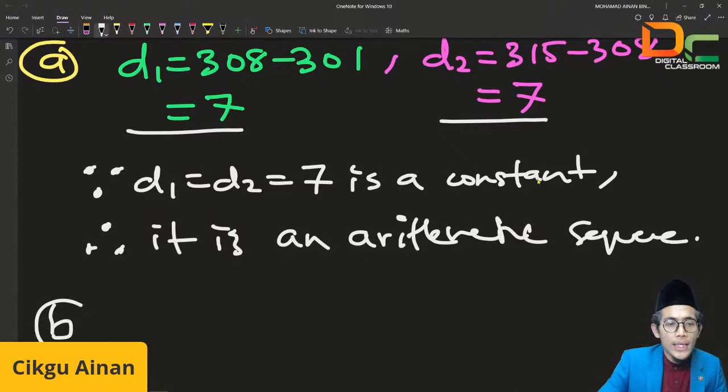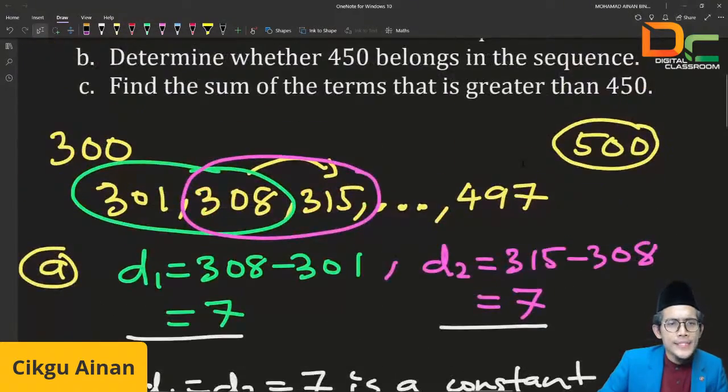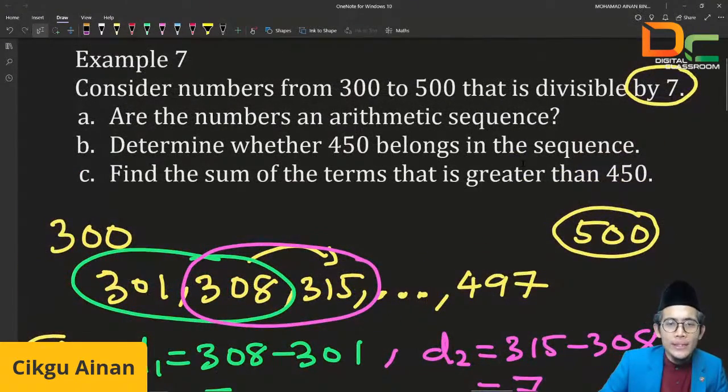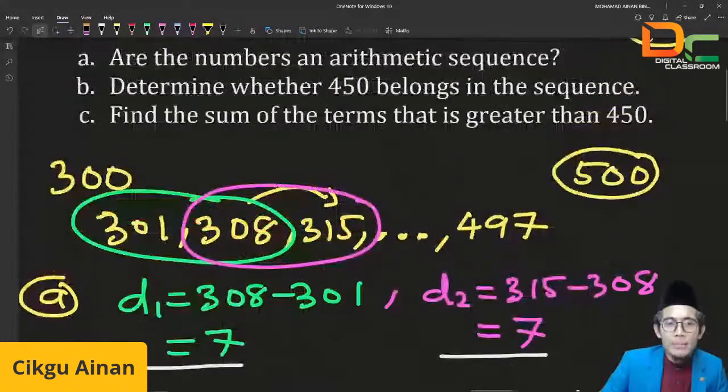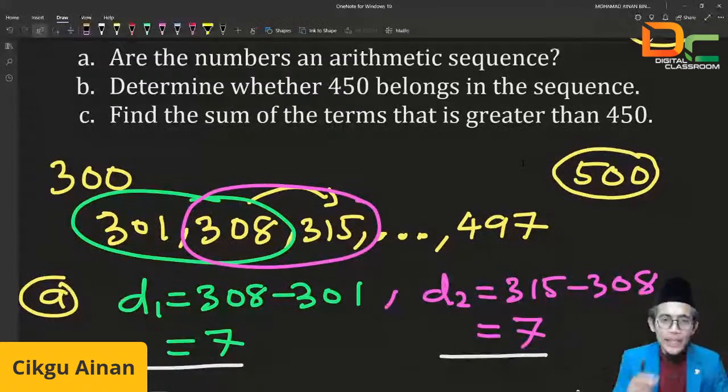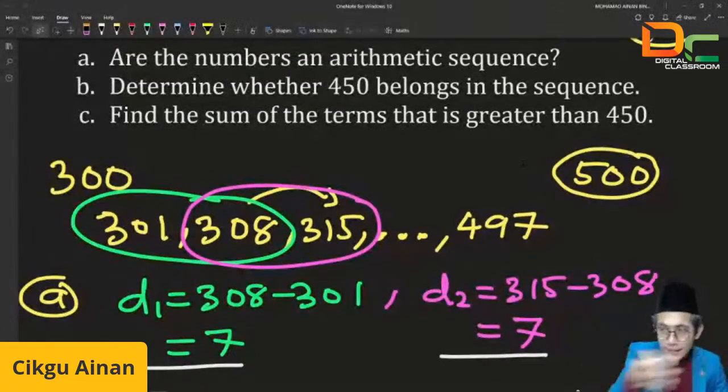Okay, now let's go to the second part. Okay, second part is asking about determine whether 450 belongs in the sequence. What does it mean by belongs in the sequence? Belongs in the sequence, it means that we can locate that 450 is the nth term in the sequence.